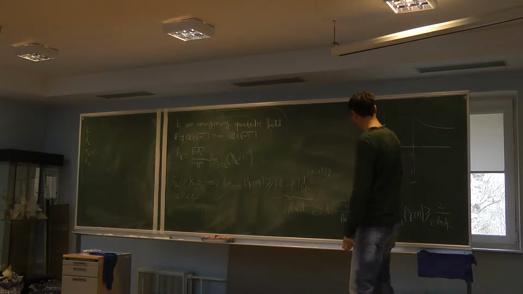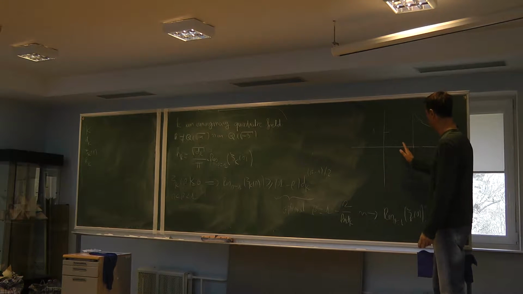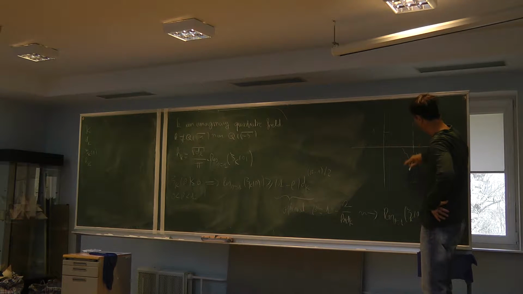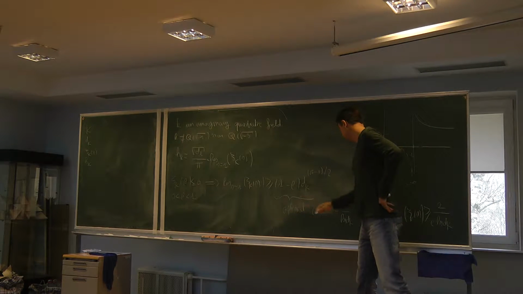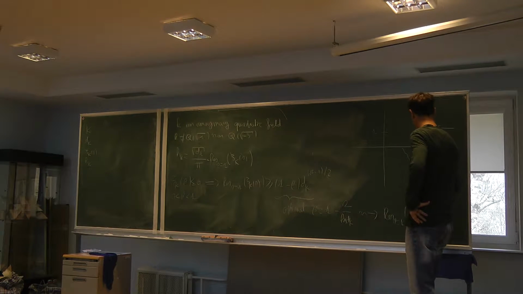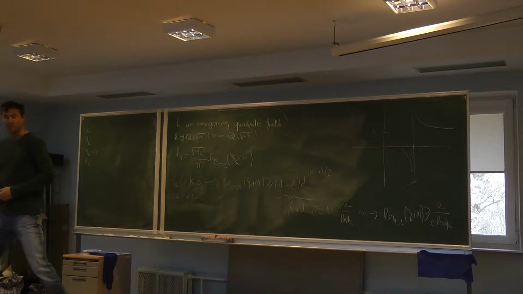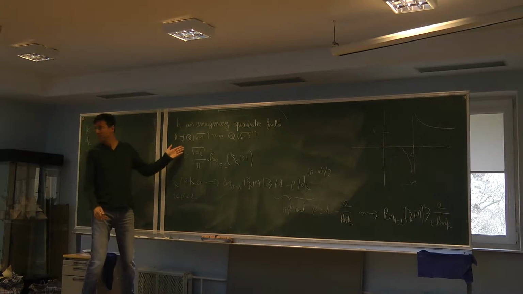It means that if you know that there is no zero, so you have the graph here, if there is no zero, then it's negative. So if you know that there are no real zeros close to 1, and if you can reach this point, then you have a very nice lower bound on the residue. And if you plug this one into this one, you end up with the class number being very large.